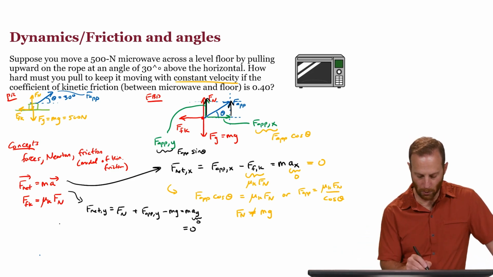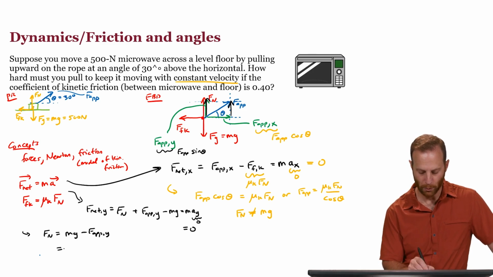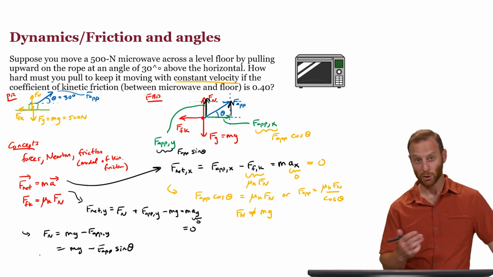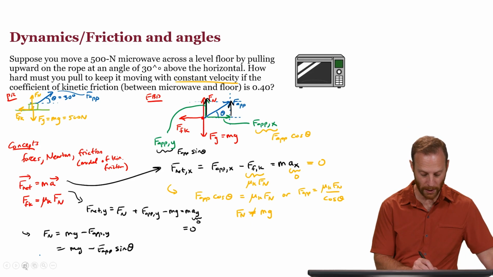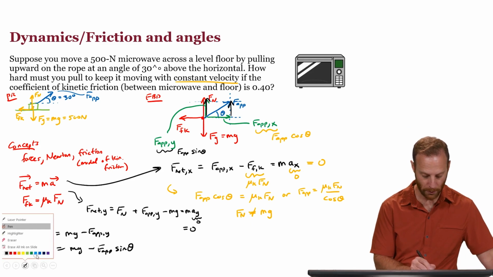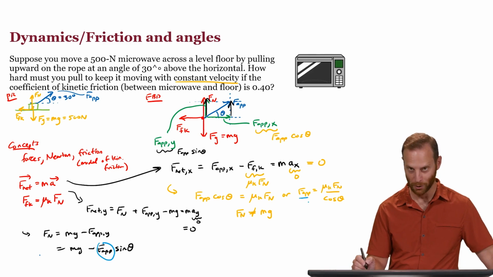And so, when we apply that, we learn that the normal force is equal to mg minus the applied force in the y direction, which is mg minus the applied force times the sine of theta. So this is why this problem is much more complicated. The normal force contains in it the applied force, which is the thing that we're trying to solve.